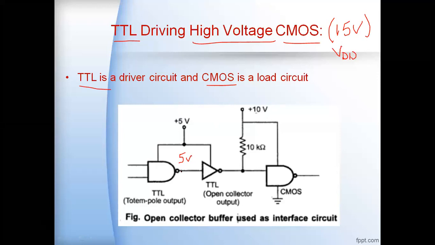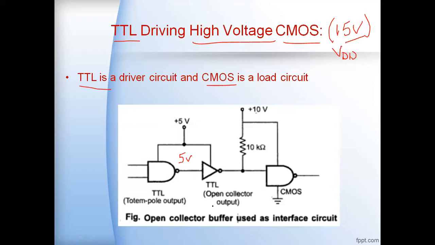But this 5 volt TTL output cannot drive a CMOS input which is operating at 15 volts. The TTL has low voltage outputs, and these are trying to drive the high voltage CMOS inputs. So it is very difficult for the TTL outputs to drive CMOS operating with 15 volts.